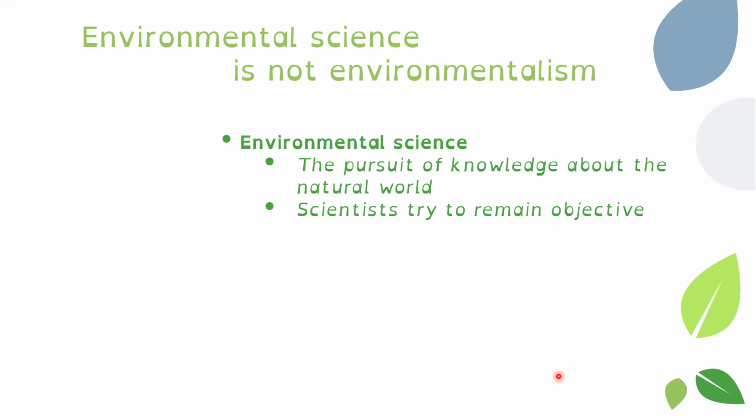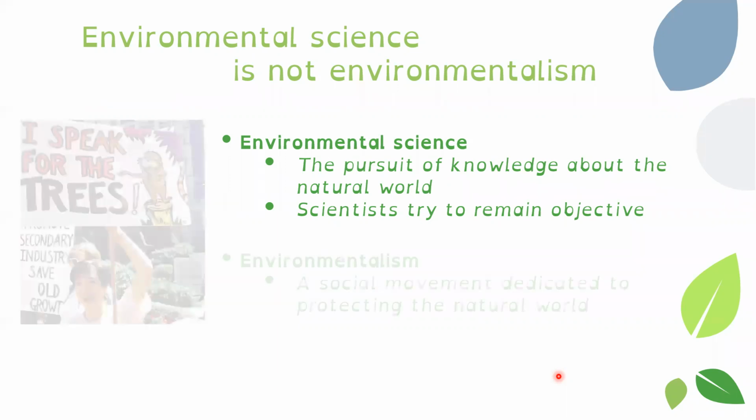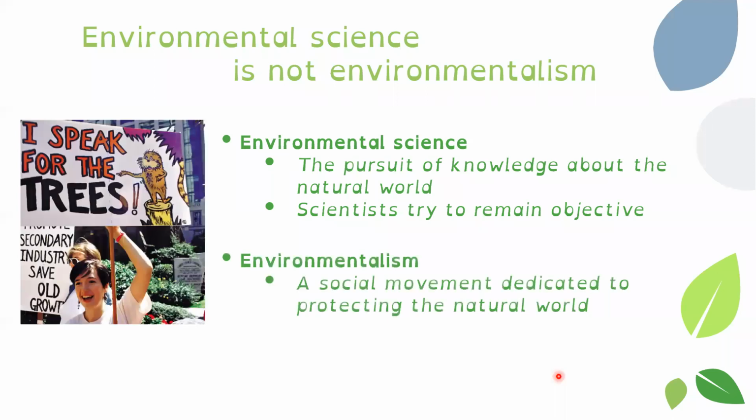But how I approach that is that we talk about our biases and our perspectives and how that might impact the way that we're perceiving something. So I don't think that scientists really can be neutral, but there's this idea that environmental science is neutral. Whereas environmentalism is a social movement dedicated to protecting the natural world.